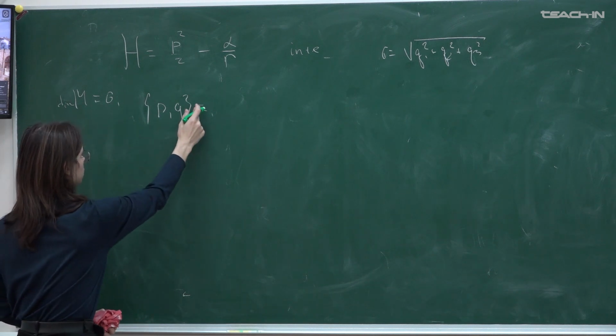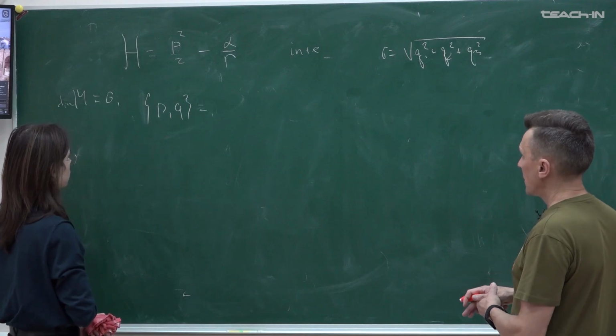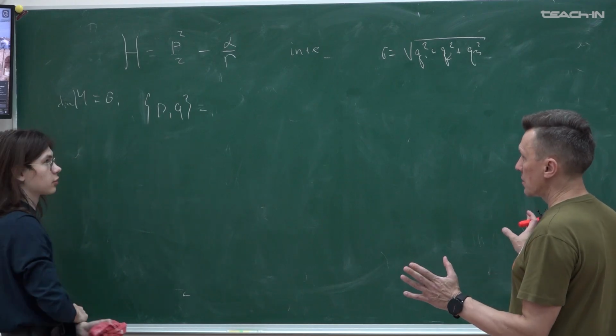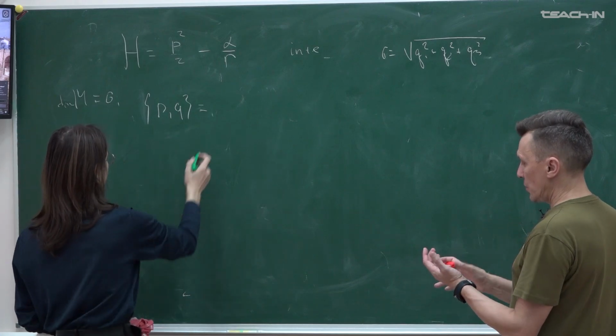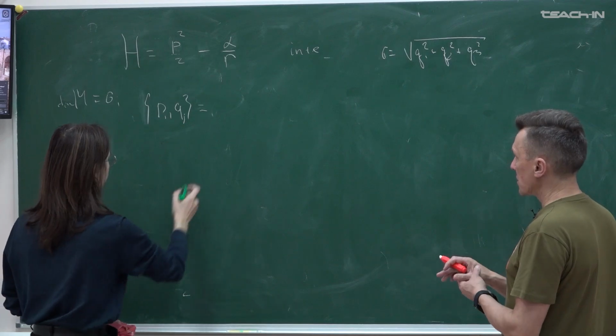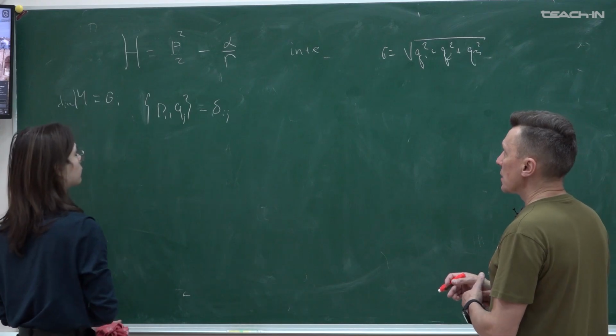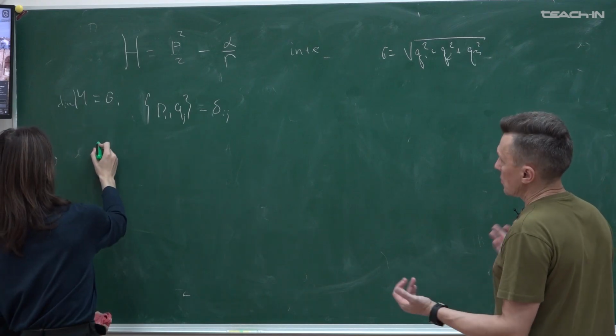Okay. Just a standard Poisson bracket between P_i and Q_j. It's a delta function. Okay. Angular momentum. What is it?